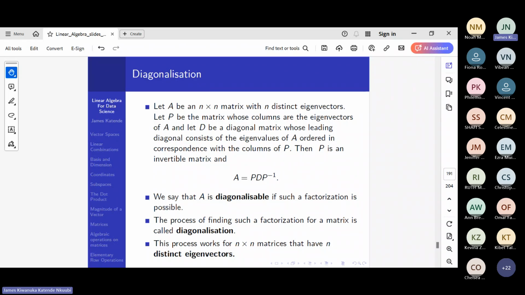That can be applied to things like Markov chains, where you sometimes have to get relatively high powers of a matrix. You can apply it to population dynamics. You can also do this for systems of differential equations. It's useful in solving those systems. We will not look at those now.